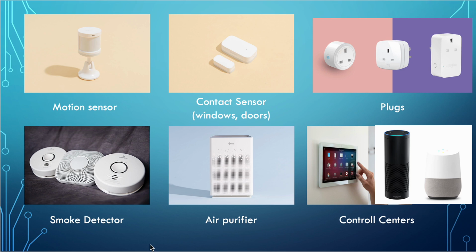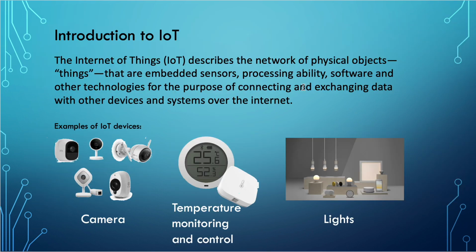We can now move on little by little from individual devices. If you take the definition itself, we talked about physical objects, and we have now talked about examples of physical objects. Now we are moving to embedded systems, examples of these physical objects, which mostly have embedded sensors, processing ability, software, and other technologies, also actuators and those things, right?